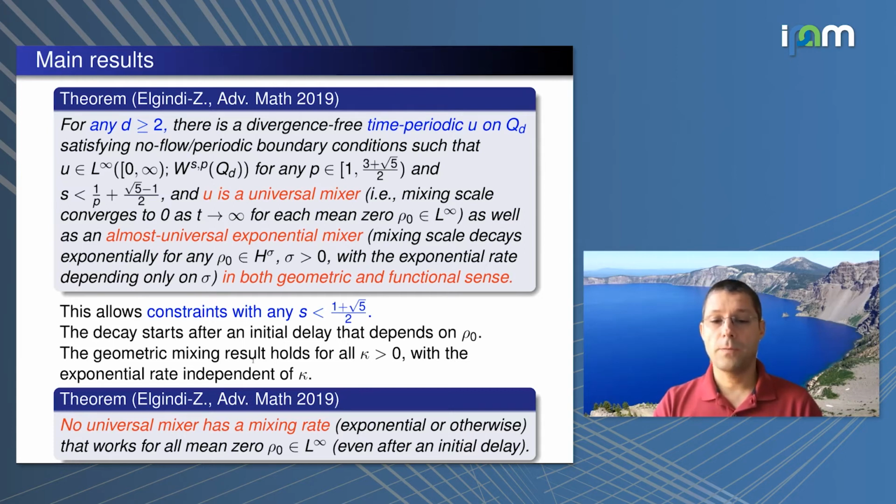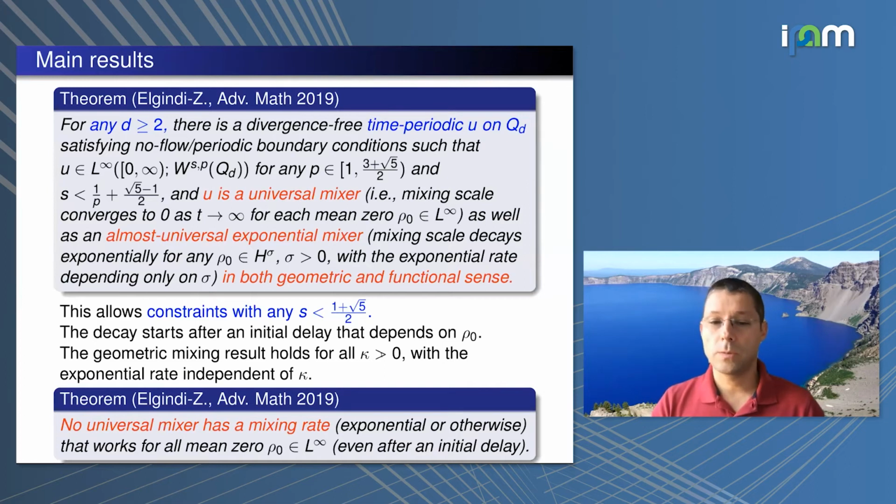Okay, and for the geometric mixing result, the kappa, which is the error you are allowing in how well you want everything to be mixed, the exponential rate does not depend on it. Now obviously you might ask, how about just an exponential universal mixer, where all initial data are mixed exponentially quickly?